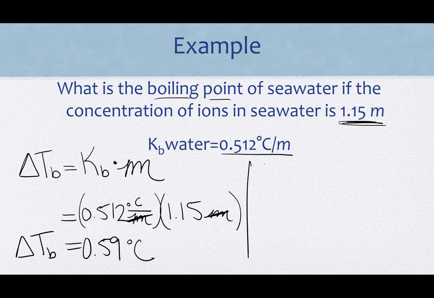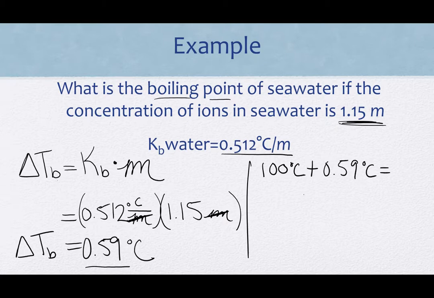Water boils at 100 degrees Celsius. But when we add in these ions, that boiling point is going to go up. So we're going to add this change to it. So 100 degrees Celsius plus 0.59 degrees Celsius.